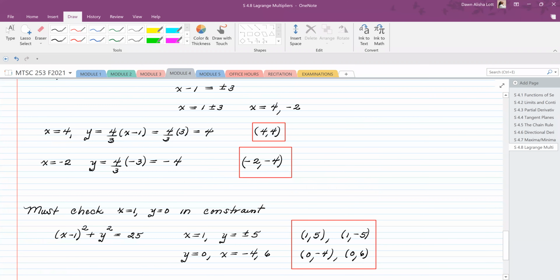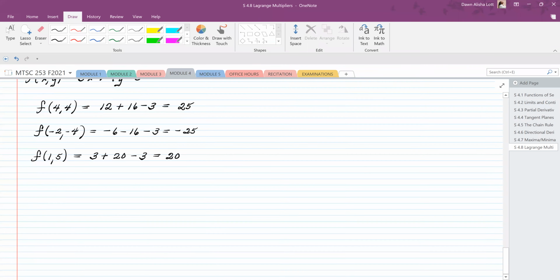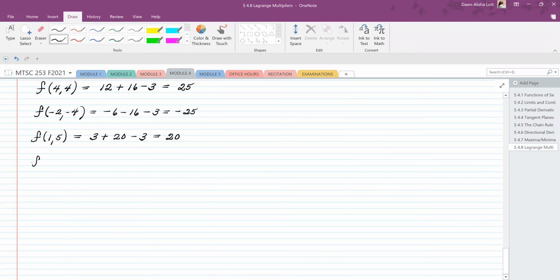Then we have f of 1, 5. So that's 3 plus 20 minus 3, so that's 20. And then f of 1, -5. So that's 3 minus 20 minus 3, so that's -20. I wrote minus 30, but I didn't mean to.